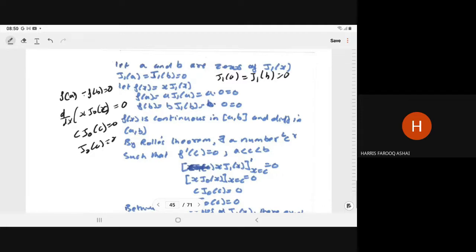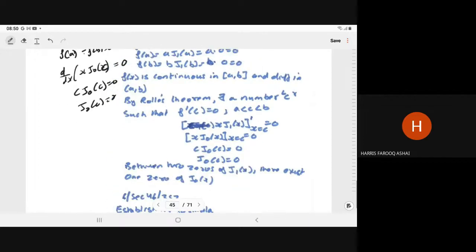That implies C J naught C is equal to 0, or J naught C is equal to 0. This implies that C is a zero of J naught which is in between the zeros of J1. Combining both results, we can say that zeros of J0 and J1 occur alternately.